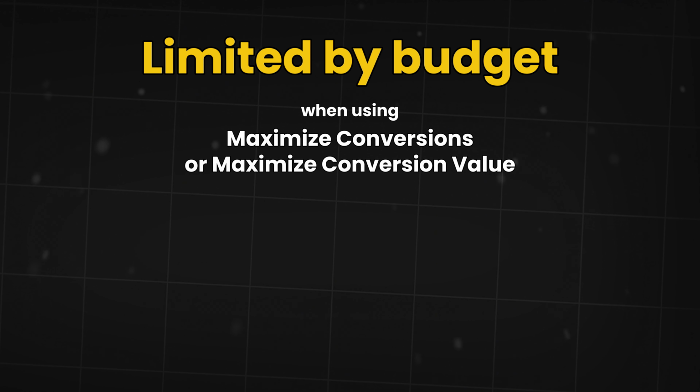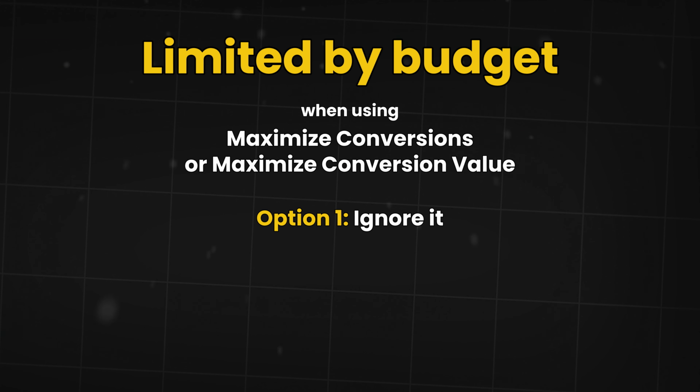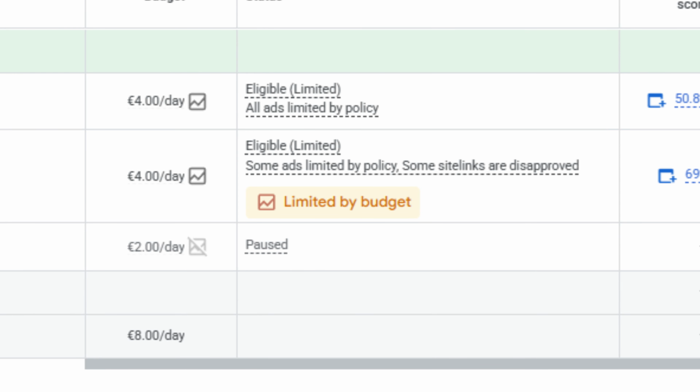First, the easiest thing you can do is just ignore it, because with maximize conversions or maximize conversion value, your campaign's goal is to essentially spend your budget in full while maximizing results. And this is the behavior you should expect regardless of your campaign return and whether your campaign gets this limited by budget status. It's not even a limitation, technically speaking.